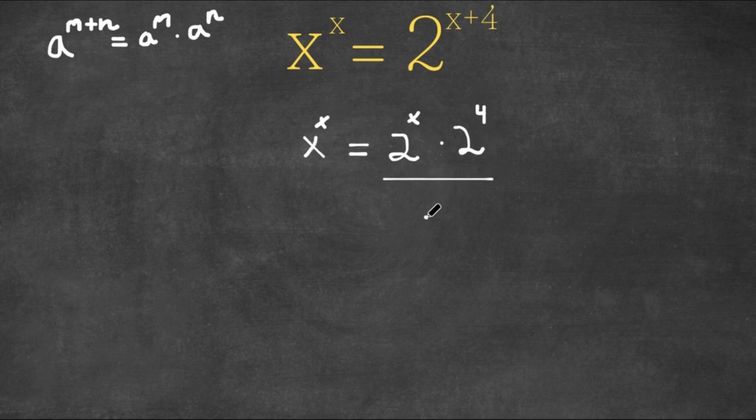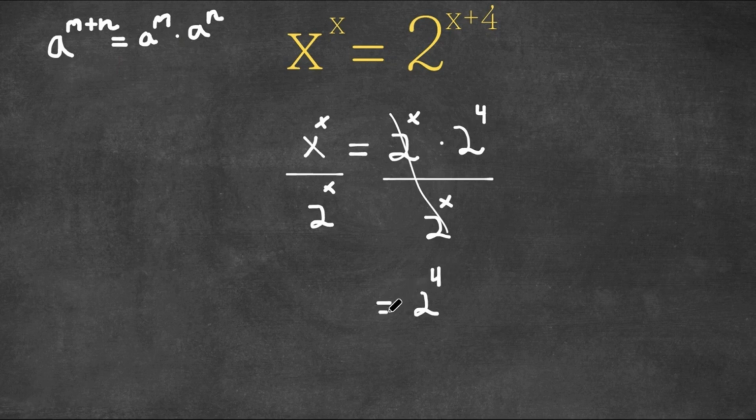Now I'm going to divide both sides by 2 to the power of x. So for our right side here, these two would cancel out, and we would just be left with 2 to the power of 4.